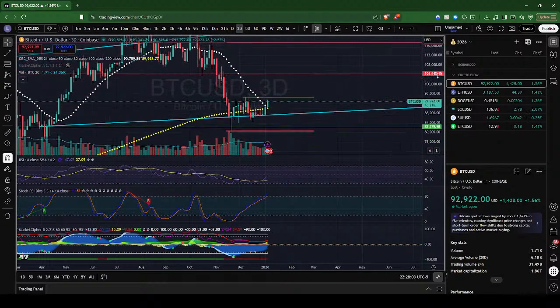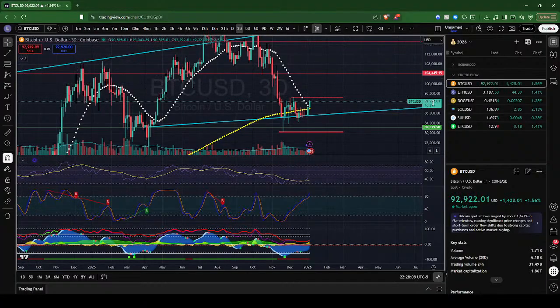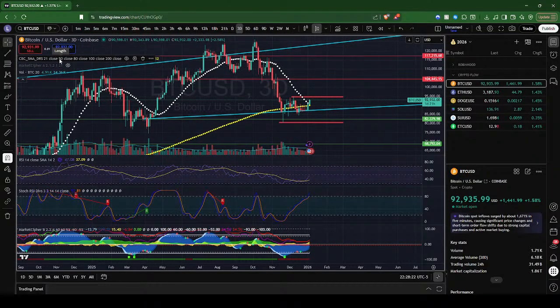So on the 3-day chart, you can see we're right on the 200-day moving average, which is this yellow dotted line. The 50-day moving average is the white dotted line. I have to double check that, but I believe right now it's the 50, the closed 50. So the 50 is the white, and then yellow is the 200.